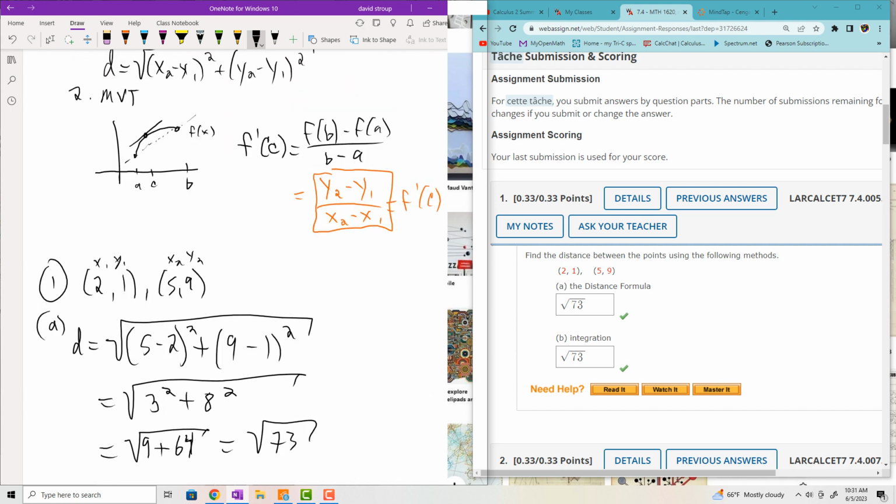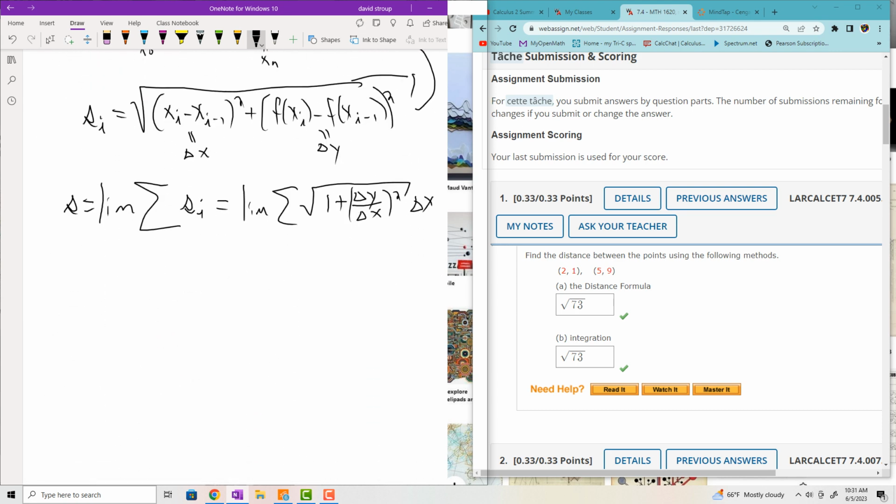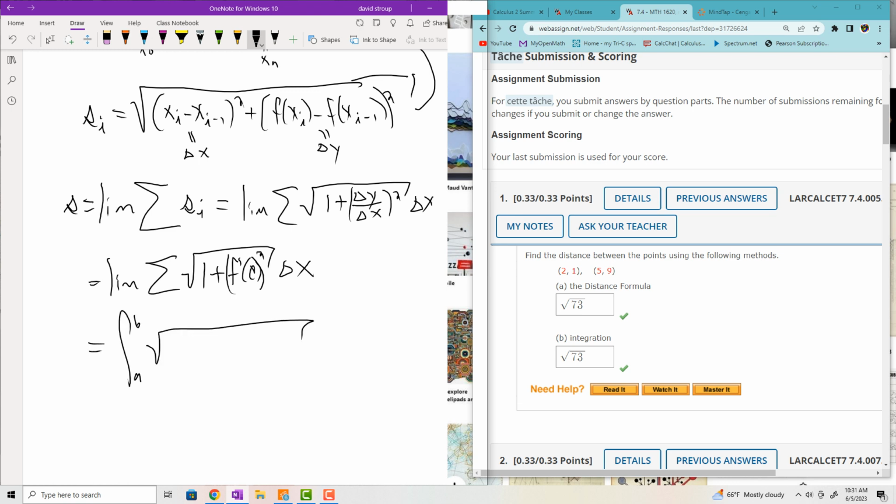You can think of y2 minus y1 as change in y all over change in x, and replace that with f prime of c. That'll be the limit of the sum of the square root of 1 plus f prime of c squared delta x, and then taking the limit, you end up with the integral from a to b of the square root of 1 plus f prime of x squared dx.